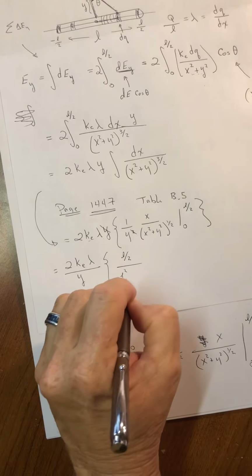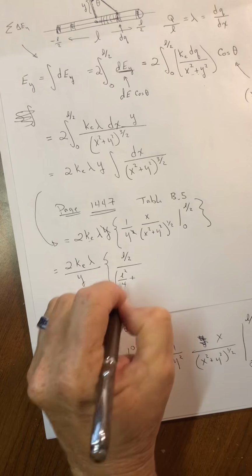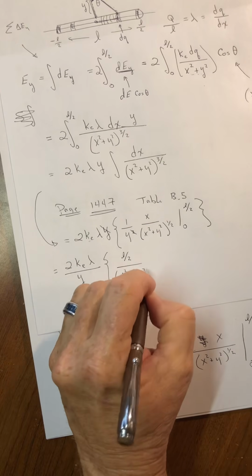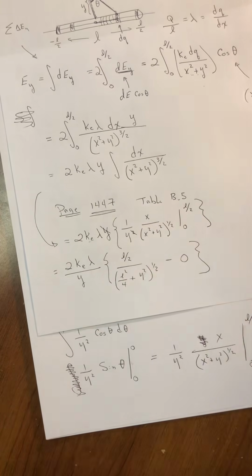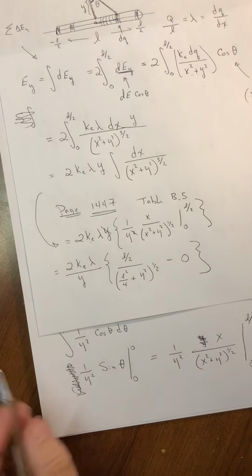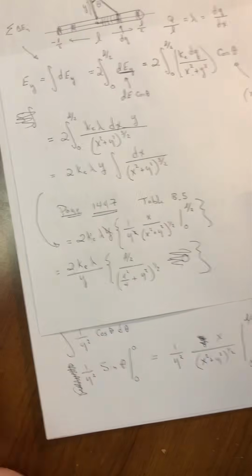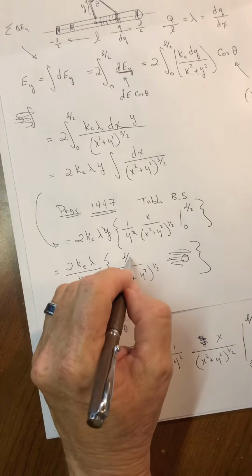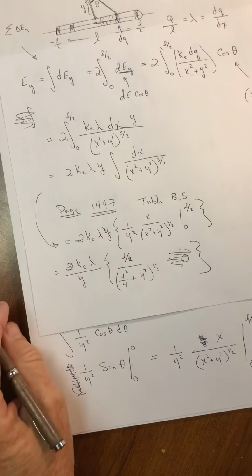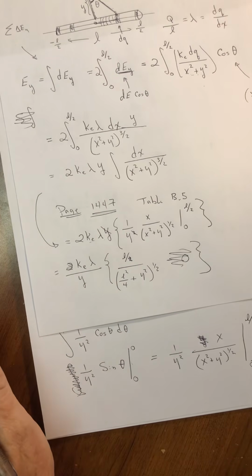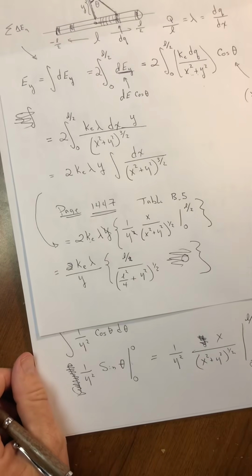This would be an L squared over 4 when we square the x, plus a y squared to the 1/2, minus a 0. So I guess we don't need that. And we could even cancel that. And I guess, good, I did it.